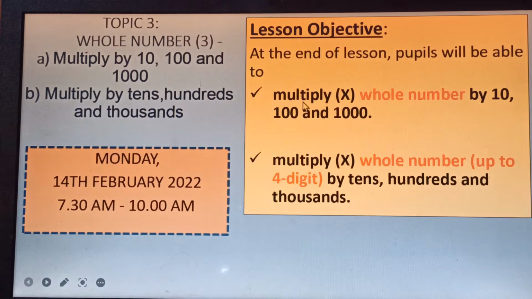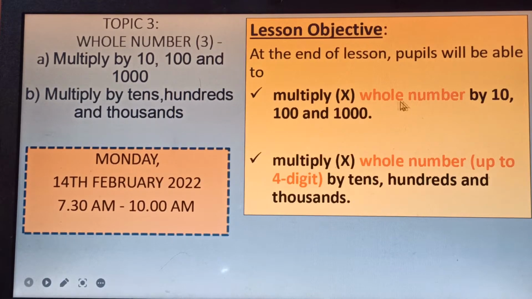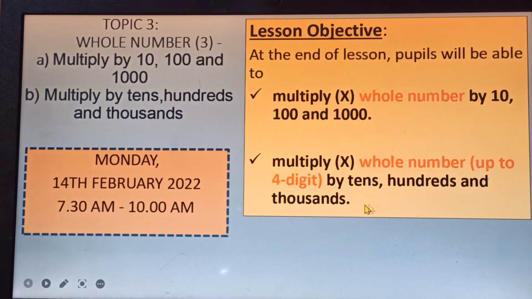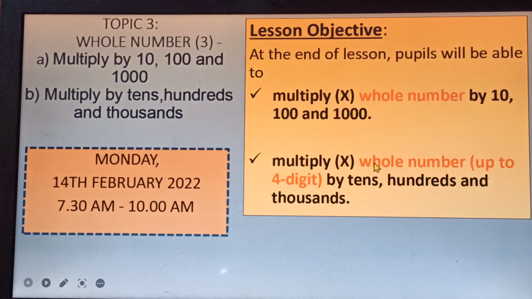So our objective today is to learn how to multiply whole numbers by 10, 100 and 1000. The second objective is to multiply whole numbers up to 4-digit numbers by tens, hundreds and thousands.